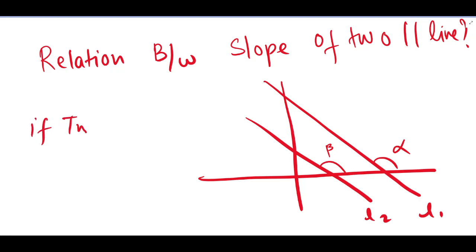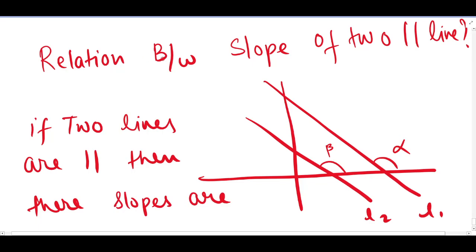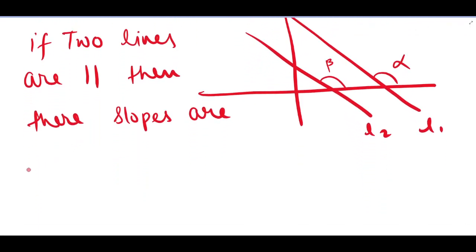If two lines are parallel, then their slopes are equal, since their inclination angles are equal.